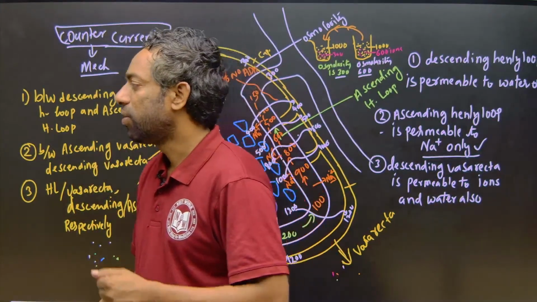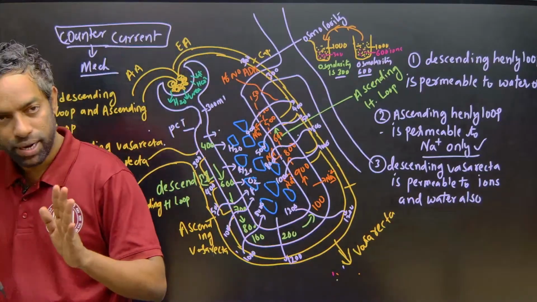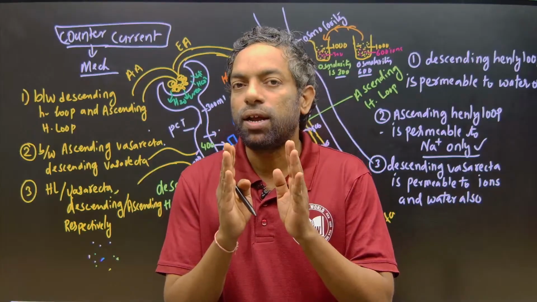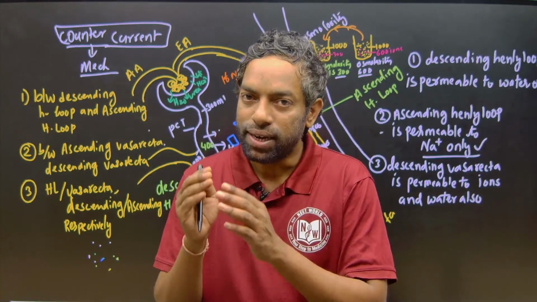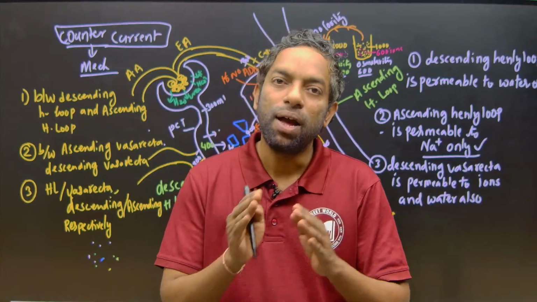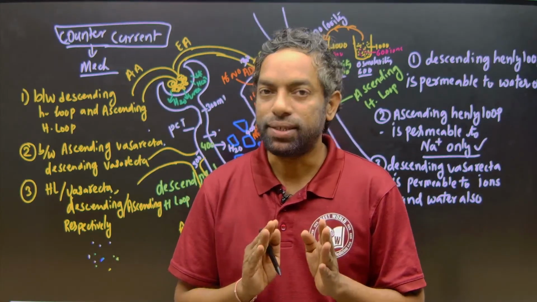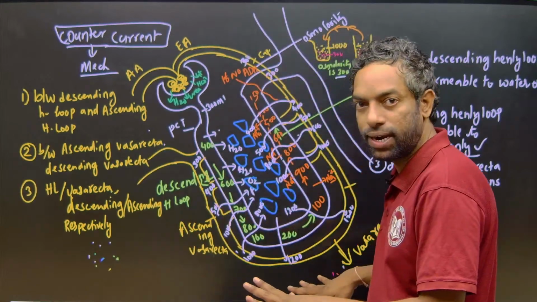Here guys, you have to remember, there is a countercurrent mechanism between the descending Henle limb and the ascending Henle limb. Okay? Descending Henle limb and ascending Henle limb. I will write it for you.